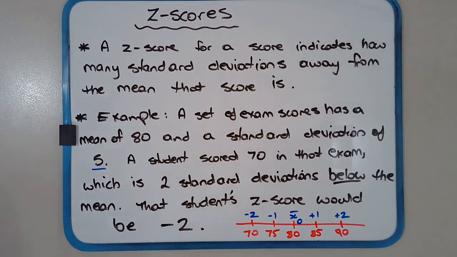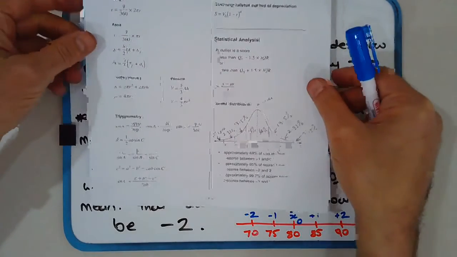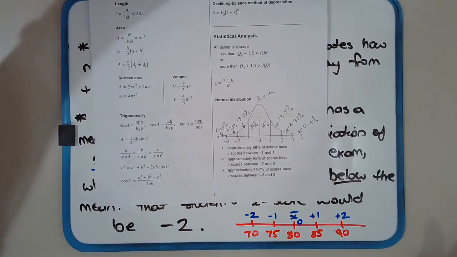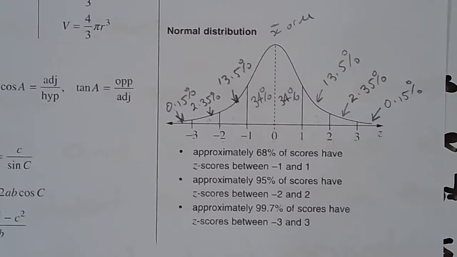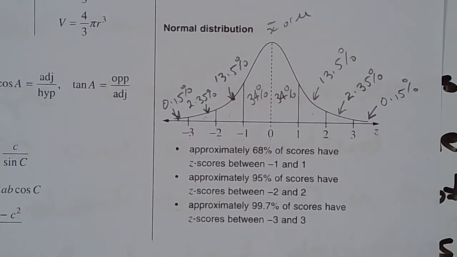Now, recall this is from the NESA reference sheet, and this featured in a previous video. If I just zoom in on that, we can see here that when we're talking about -2 standard deviations, we're actually in the lower, the bottom 2.5%.